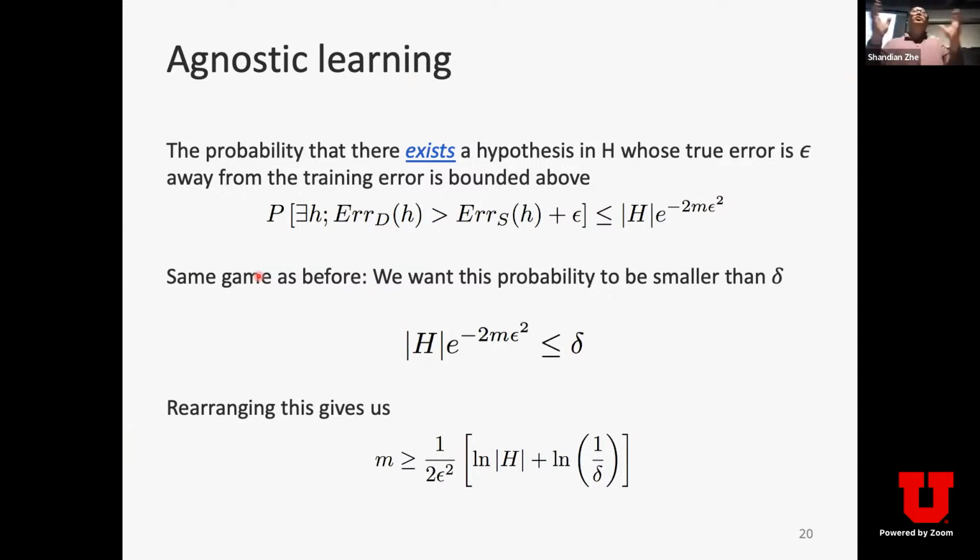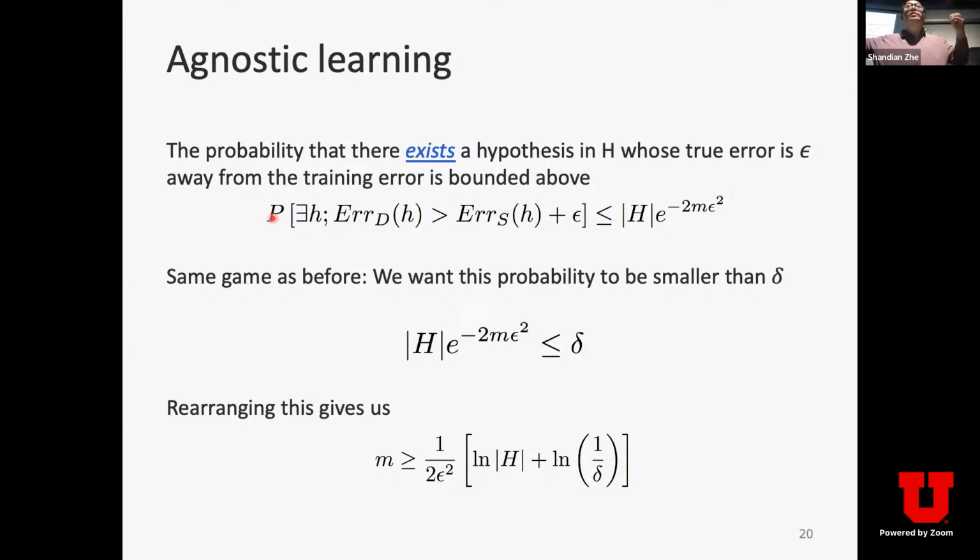But due to the randomness of the training data, remember, the training data will guide your search procedure to find a hypothesis. Different training data will possibly return different hypotheses. So your learned hypothesis is actually dependent on the training data, and the training data is random.